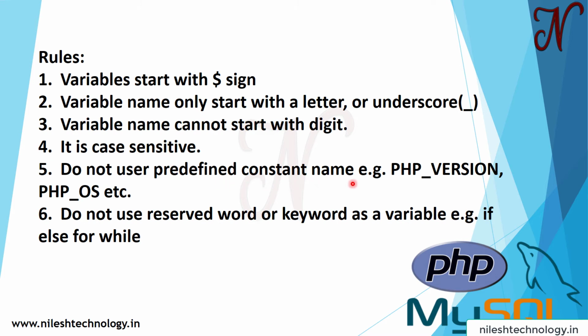In PHP there are many predefined constants, and you cannot use them as variable names, for example PHP_VERSION and PHP_OS. Also do not use reserved words or keywords as a variable, for example if, else, for, while, etc. These are the rules of a variable.